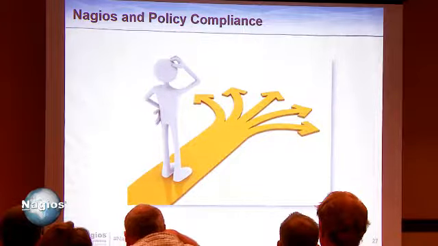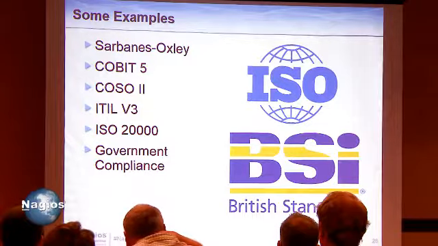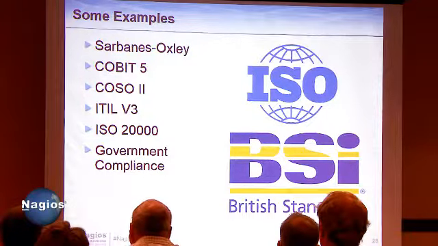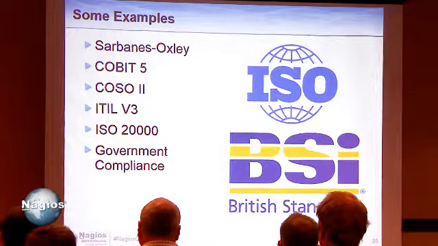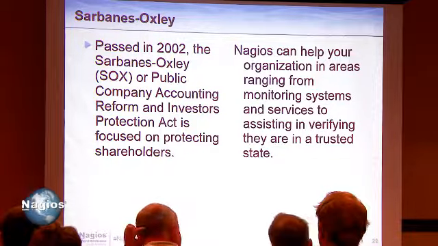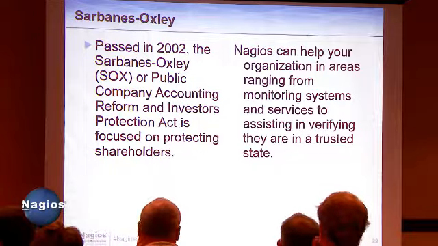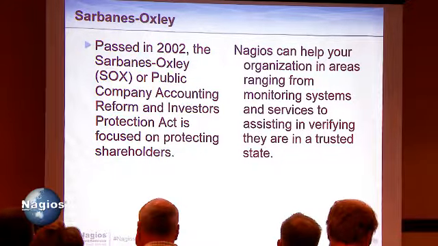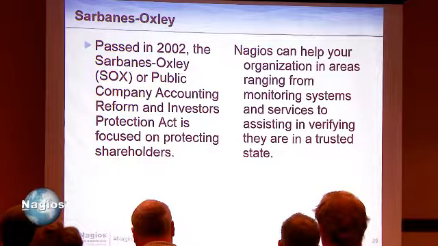Nagios and policy compliance: for example, Nagios interacts with Sarbanes-Oxley, COBIT 5, COSO 2, ITIL 3, ISO 20000, and governance compliance. Okay, Sarbanes-Oxley. Nagios can help organizations monitor areas and services, assessing and verifying that they are in trusted states.